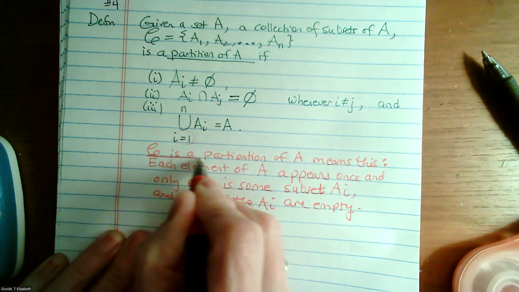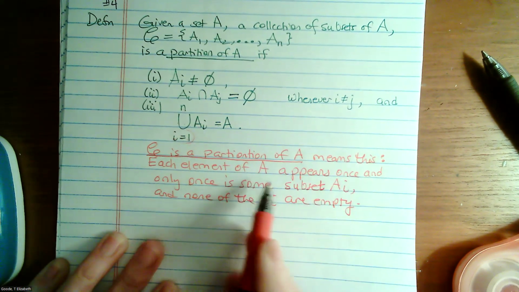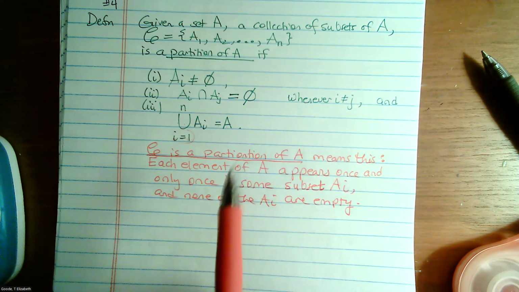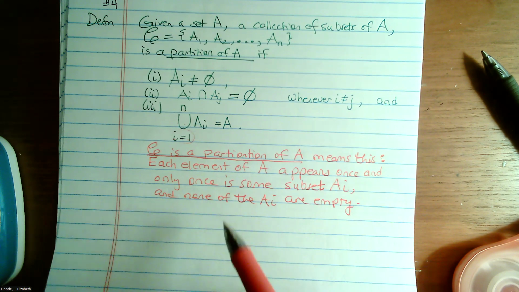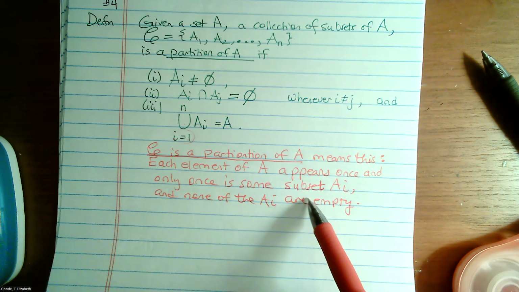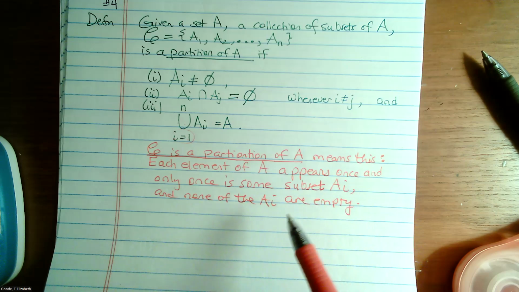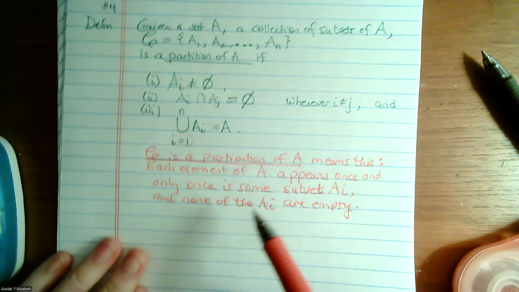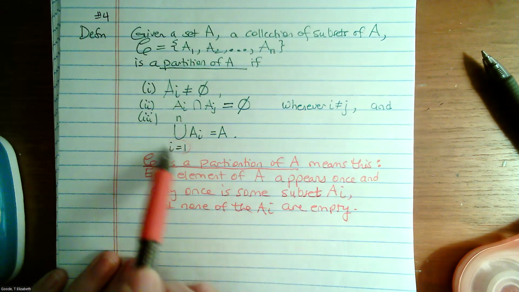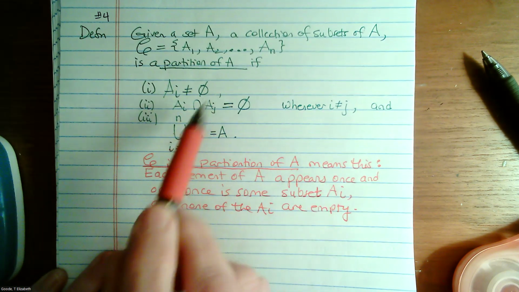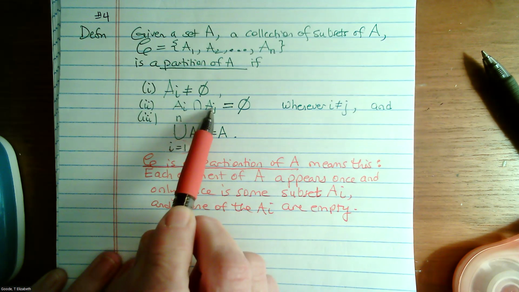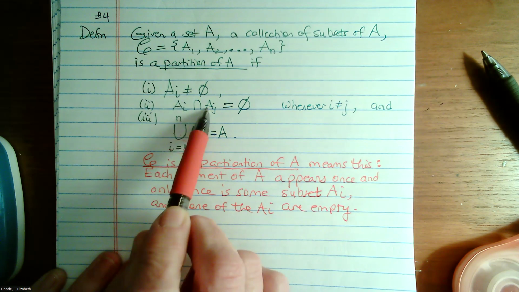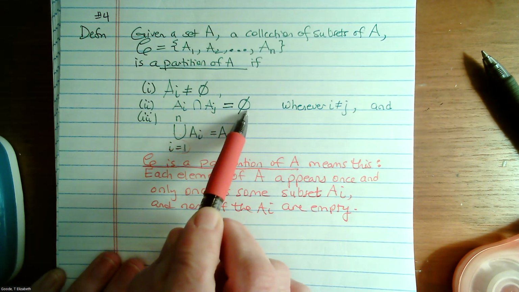Each element of A, I'm talking about the little elements of A, appears once and only once, in other words exactly once, in some subset A sub i, and none of the A sub i overlap. Basically, you're checking to make sure each element of A appears in this union, but you don't want any element of A to appear in two of these sets, because then those two sets would not be disjoint.